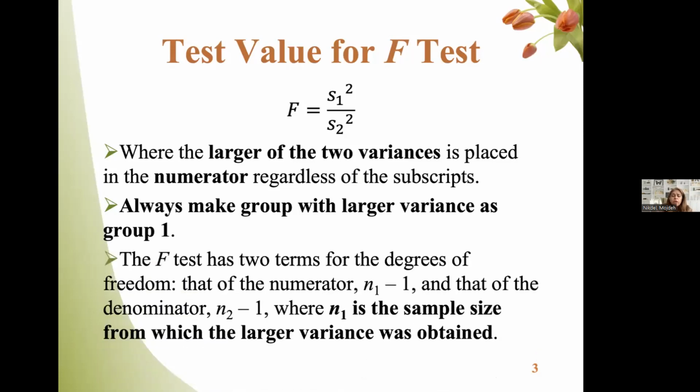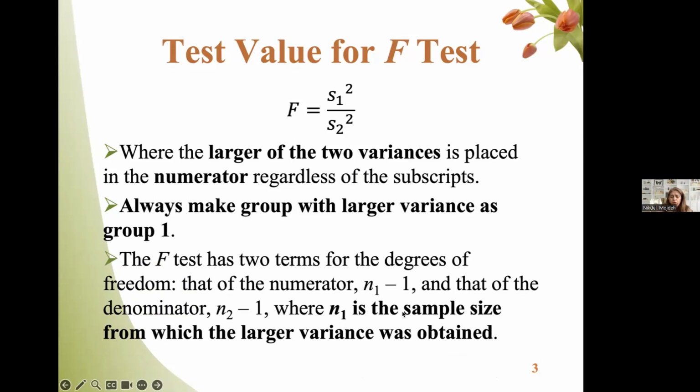And then again, after you choose your correct group, you need 2 degrees of freedom, one for the numerator and one for the denominator. The numerator degree of freedom is n1 minus 1. The degree of freedom for the denominator is n2 minus 1.